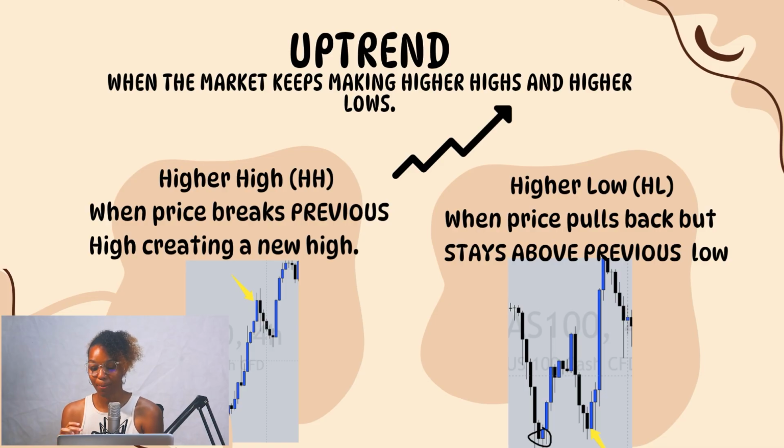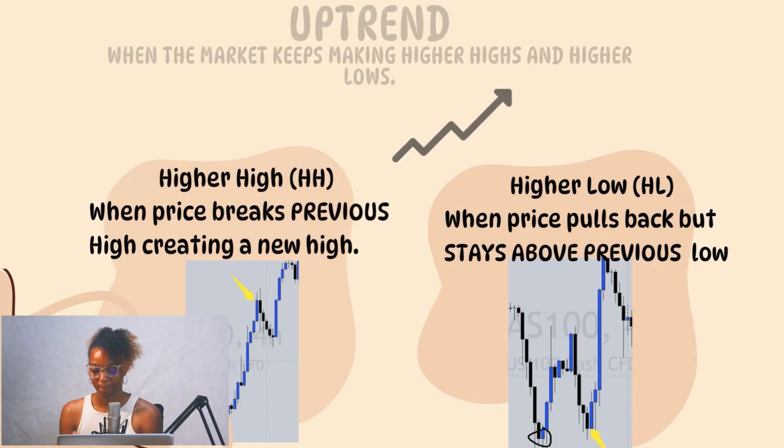It did not go past that previous low, but it closed slightly above it, creating a higher low. Now, this is forming an uptrend. An uptrend is when the market is creating higher highs and higher lows. I hope this part makes sense.